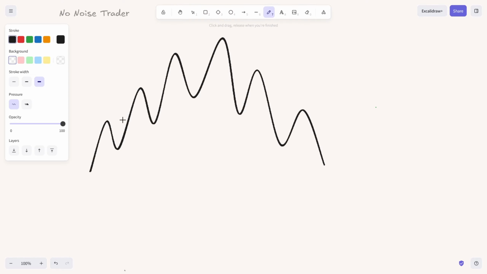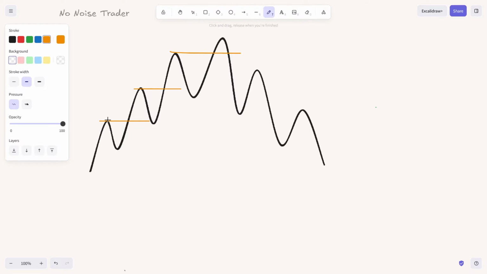So we have a break. I want a thinner line, and let's change the color to orange. So we have higher highs, higher highs, higher highs.